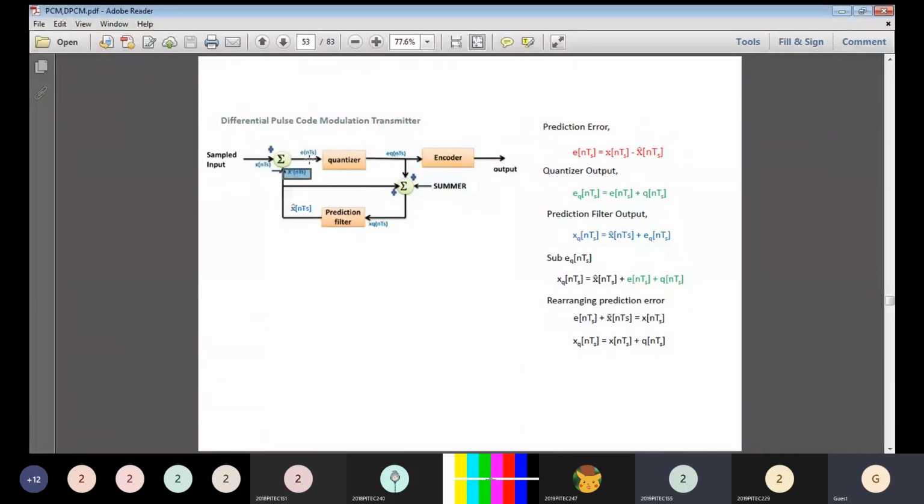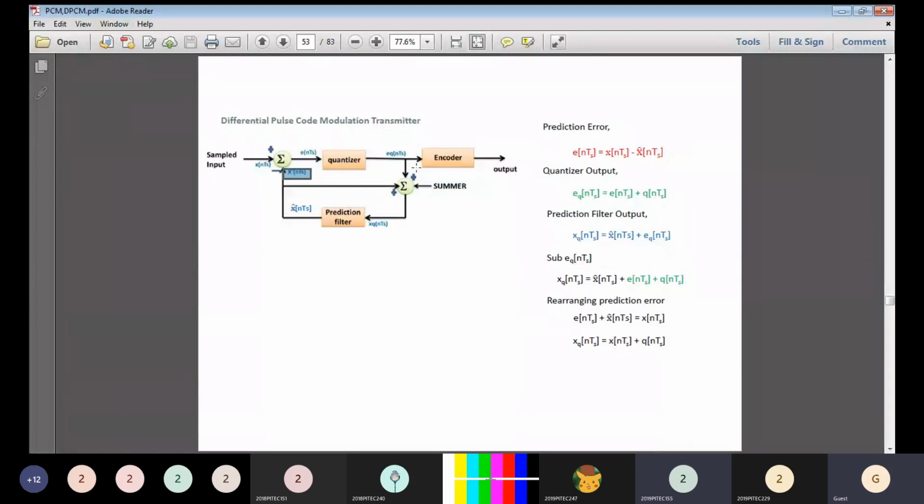That error value will go to the quantizer. The quantizer is used to quantize, and at the output of the quantizer we get eq of nTs. That eq of nTs will go to the encoder, so it is encoded and transmitted to the output.